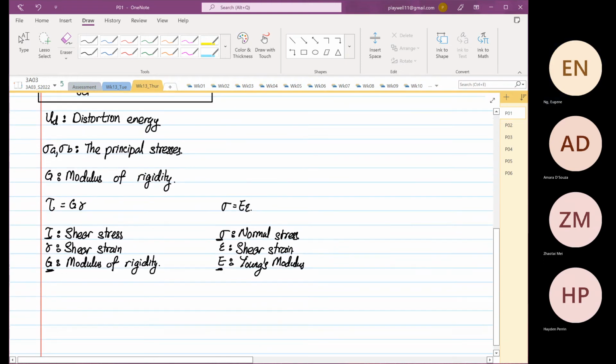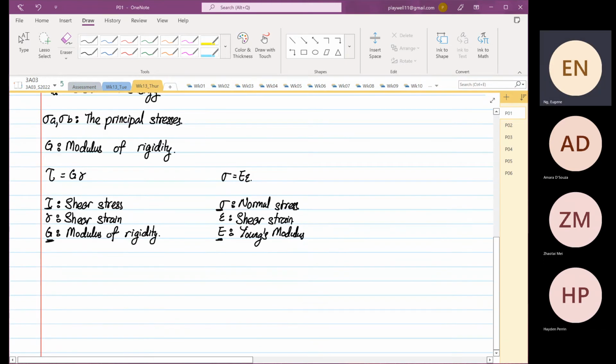Okay. So let's look at an experimental setup under uni-axial test, or unidirectional experimental setup.